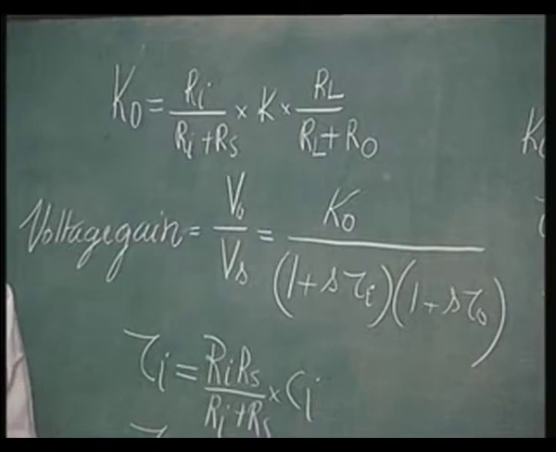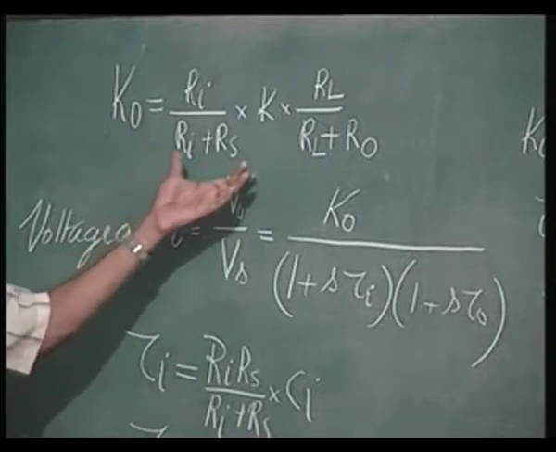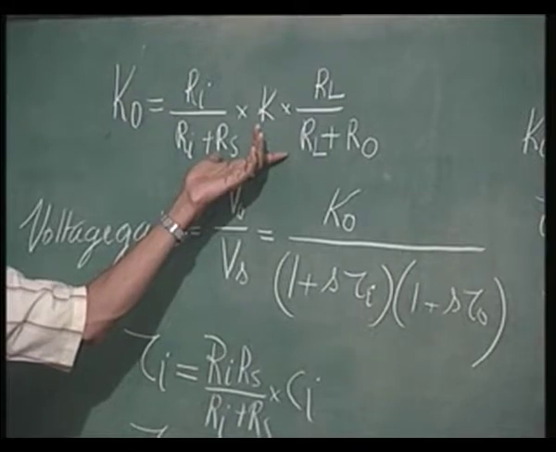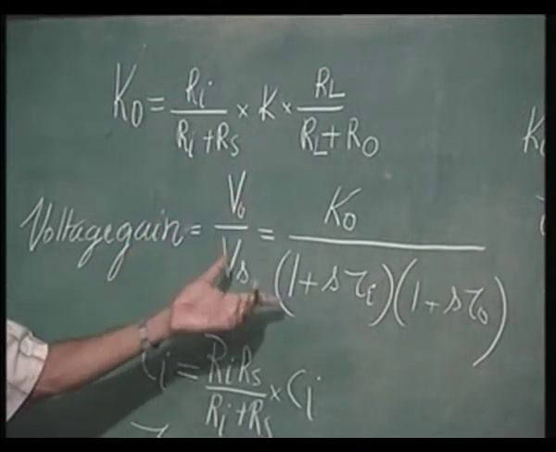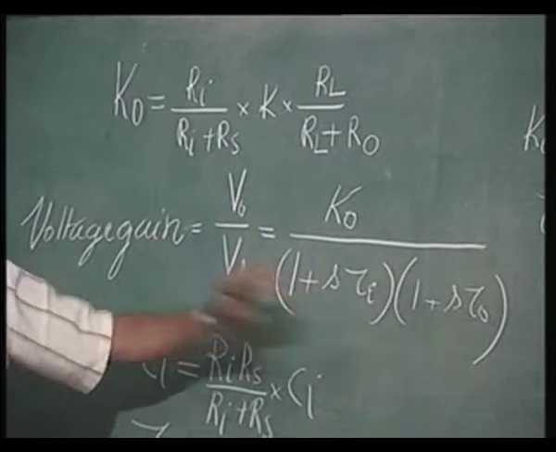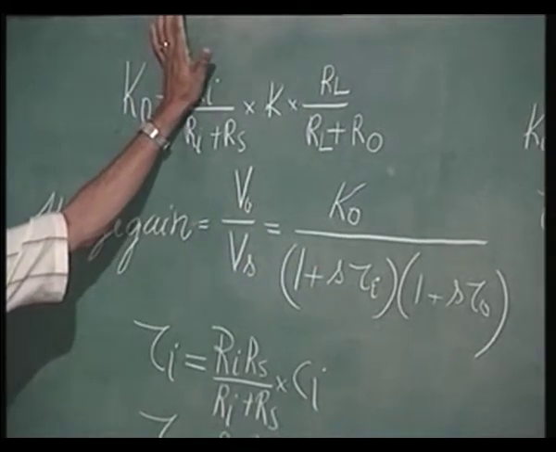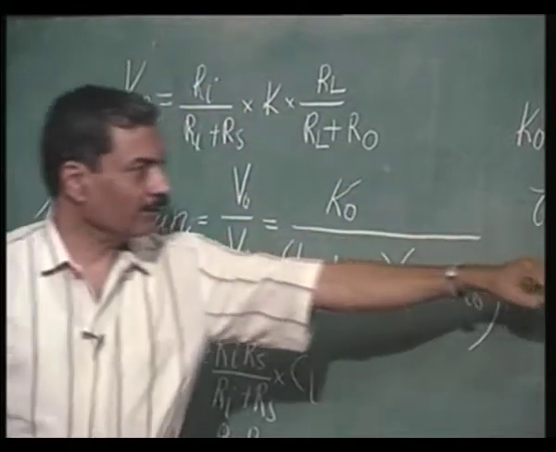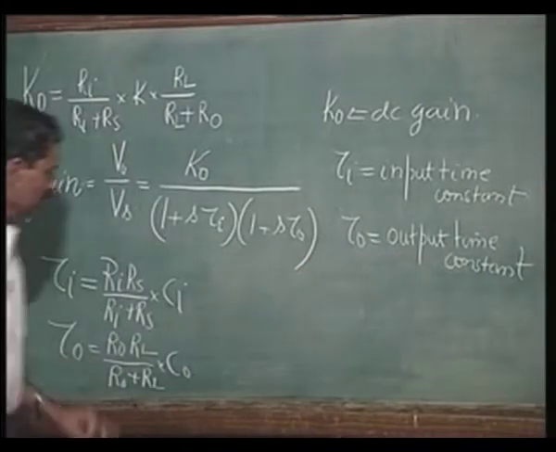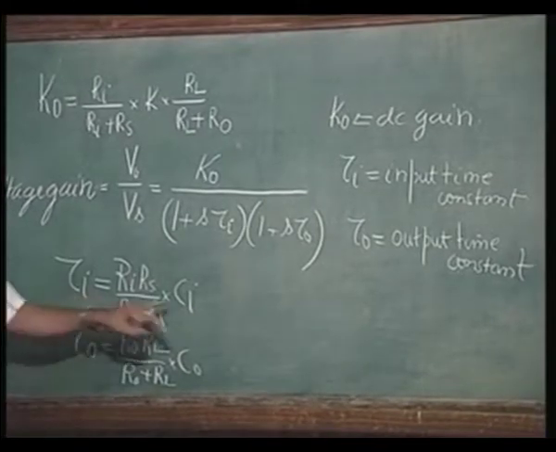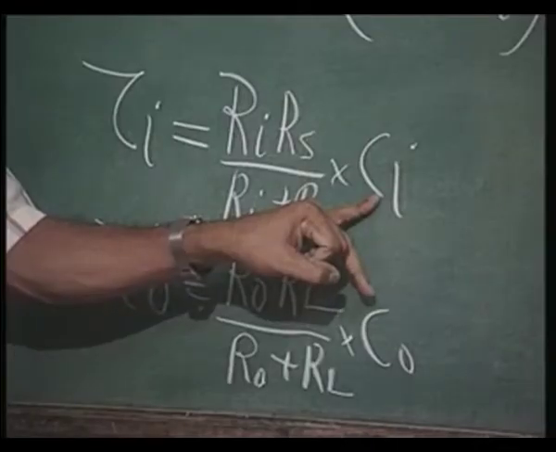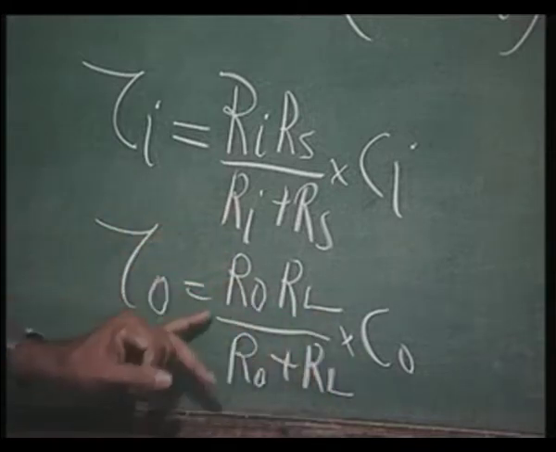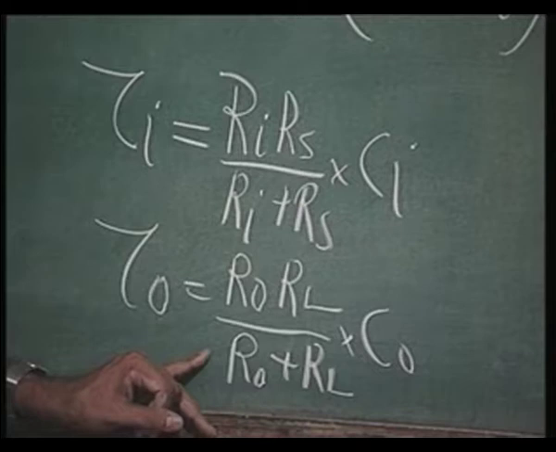Just by looking at the amplifier circuit, you should be able to evaluate the overall gain without really putting down any equations. Similarly, the time constants tau I and tau naught, tau I being the input time constant, tau naught being the output time constant, tau I defined as Ci into effective resistance across the capacitor at the input, and tau naught is C naught into effective resistance across the capacitor at the output.